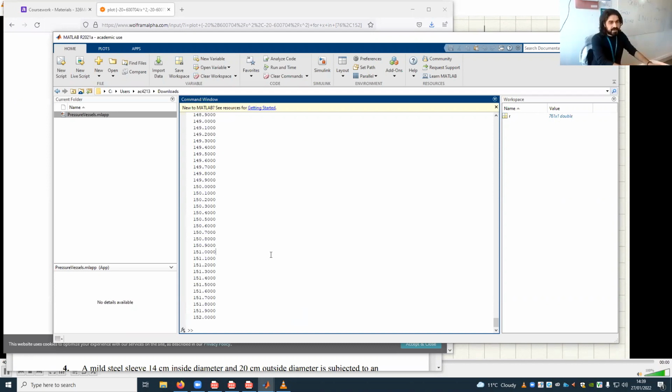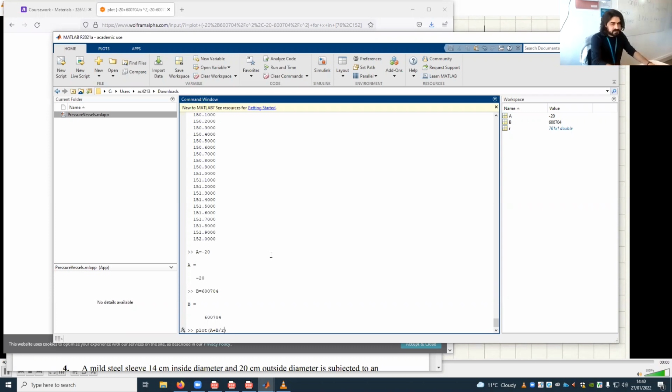And now I have my A, which is minus 20. And now I have my B, which is 600,704. And now I can plot sigma R, which is sigma theta, which is A plus B divided by R squared.